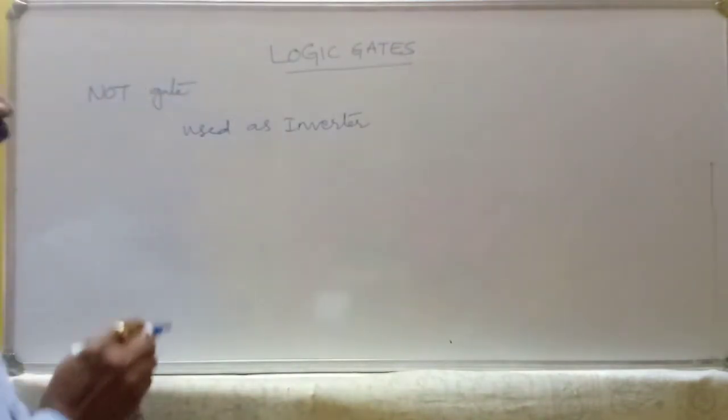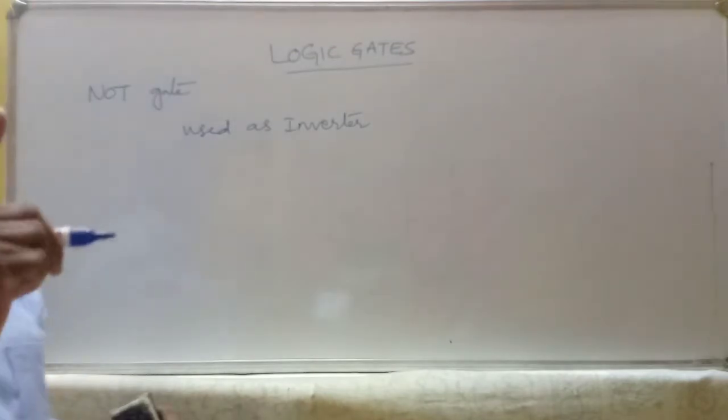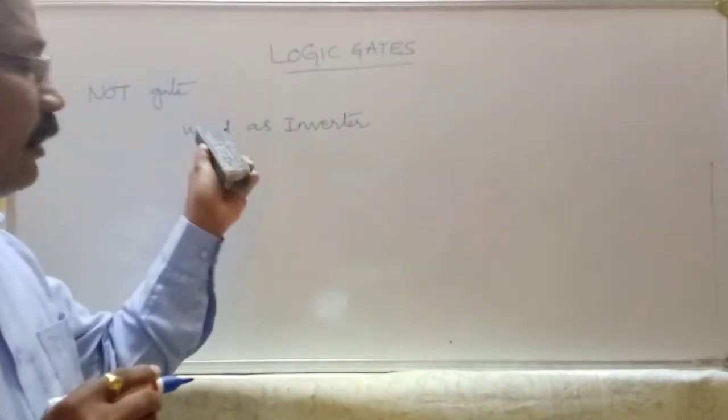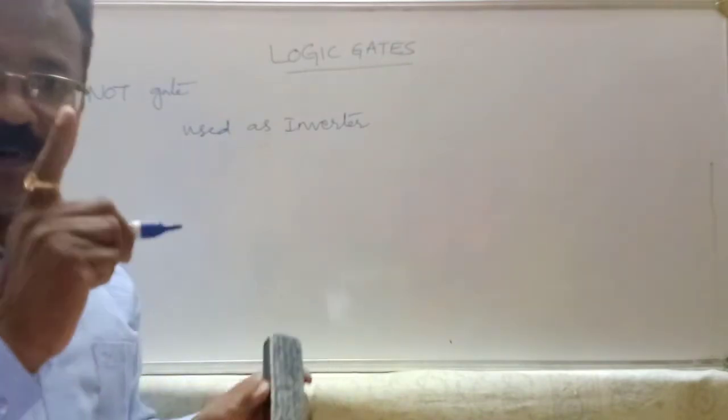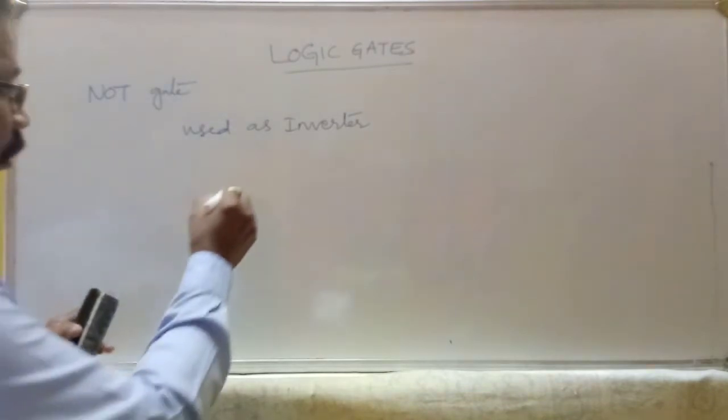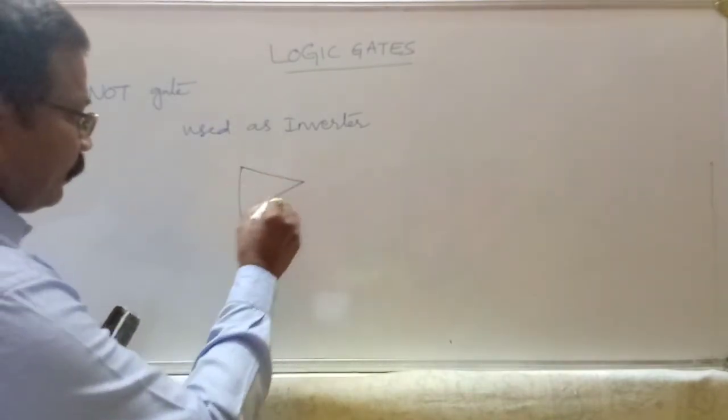This NOT gate has only one input and one output. It can be symbolically represented like this.